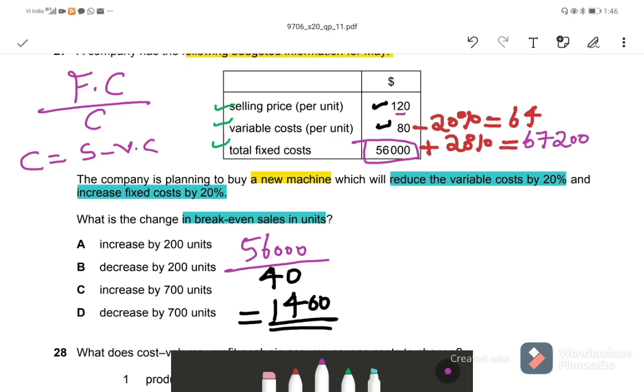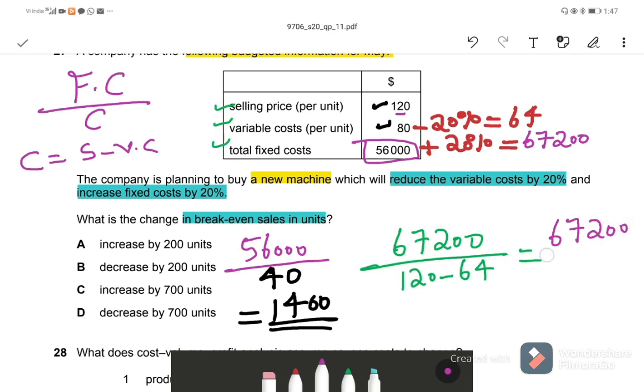So the new break-even sales is equal to 67,200 divided by contribution, selling price minus variable cost. 120 minus 64 is 56. 67,200 divided by 56 is 1,200.